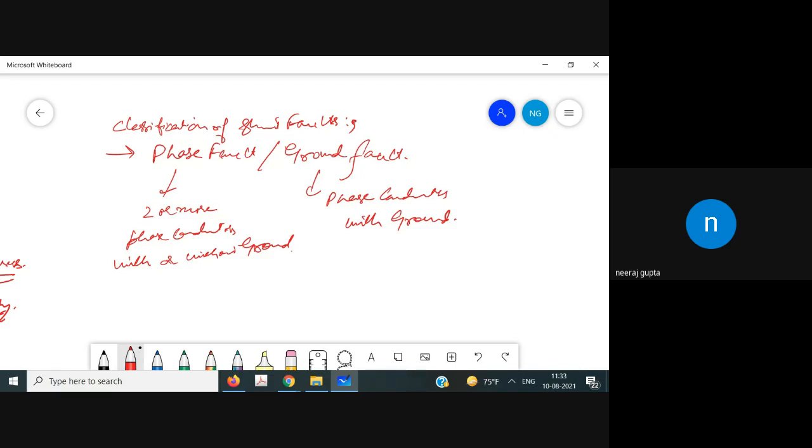Different faults occur at different rates. The single line to ground fault is the most likely fault, and the three-phase fault or triple line fault is the least likely.